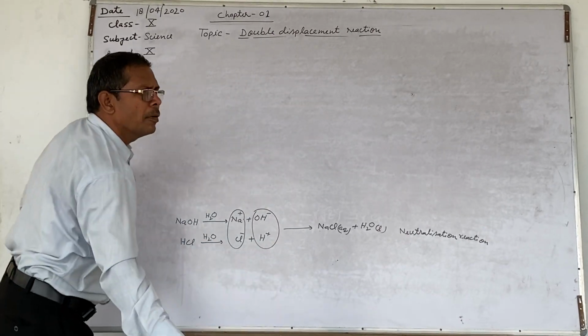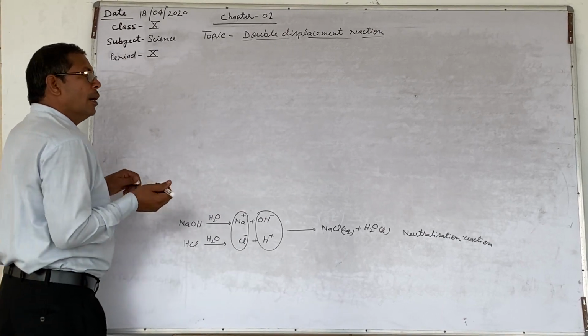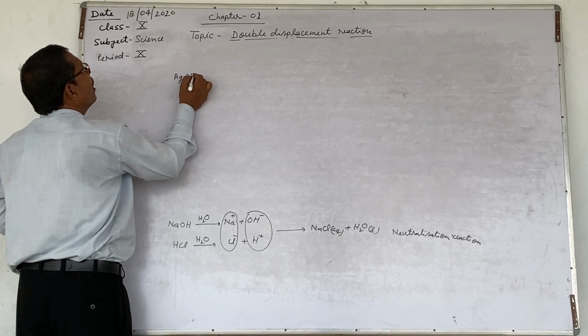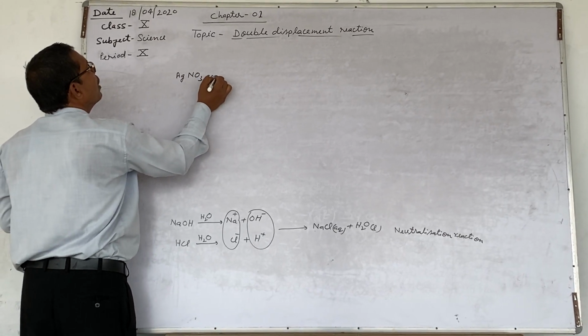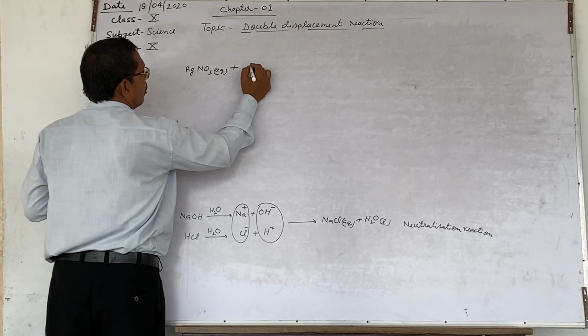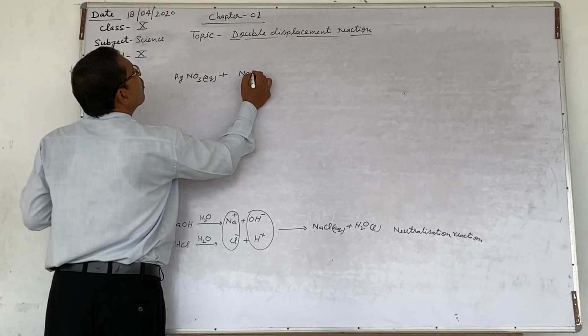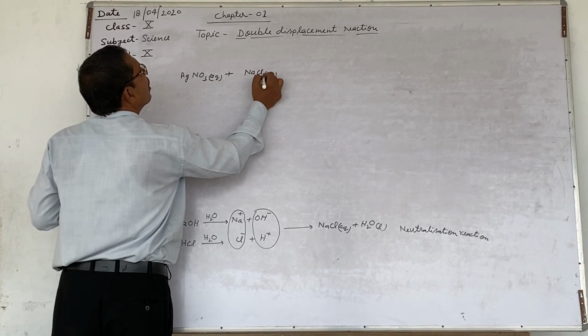You can take some more example like silver nitrate AgNO3 aqueous plus sodium chloride aqueous.